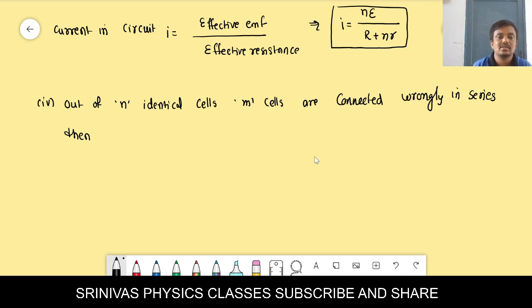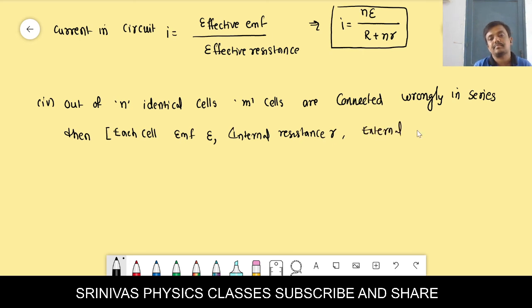Out of n cells, each cell's EMF we can consider as E, internal resistance small r, and external resistance as capital R. I want the effective EMF, the total or equivalent EMF.